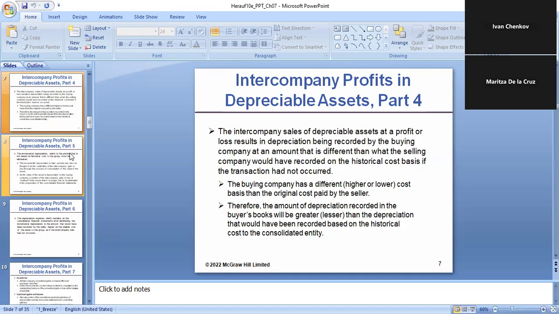So imagine this. The subsidiary buys, let's go with the equipment, for $10,000. So the subsidiary can depreciate only $10,000 over the life of the equipment.